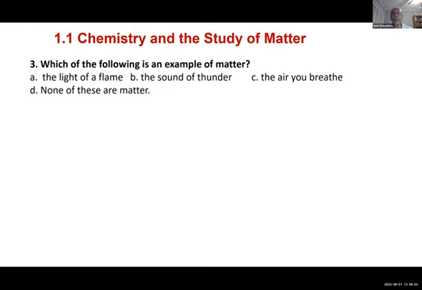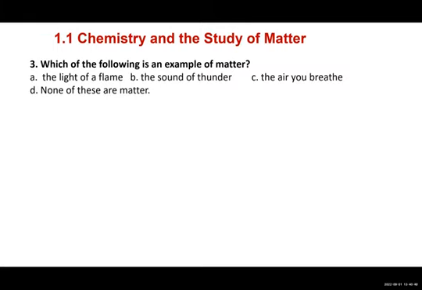I need some feedback, okay? What is the answer? A, B, C, D. Which one is the correct answer for that? Guys, can you hear me?